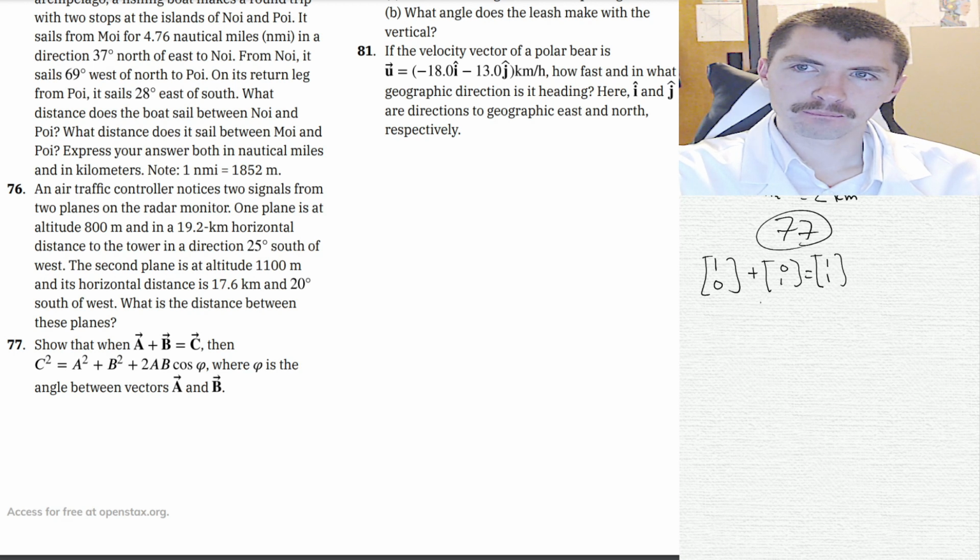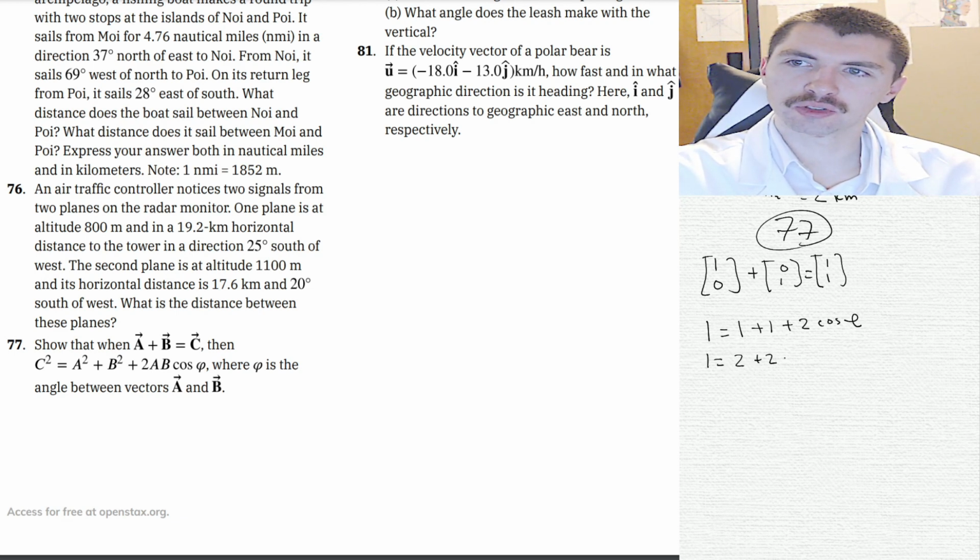Okay. Show that when this is true, then magnitude of C, then 1 equals, so this would be 1 squared plus 0 square root. 1 plus 1 plus 2 cosine that. 1 equals 2 plus 2 cosine phi.